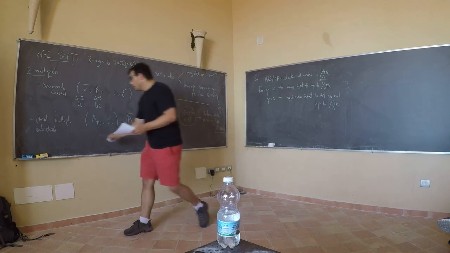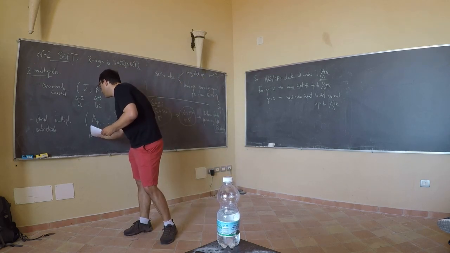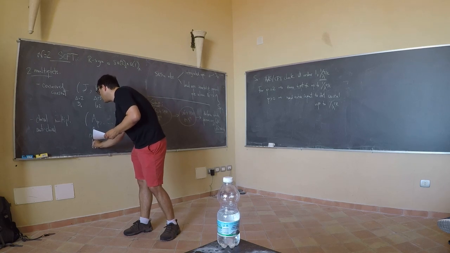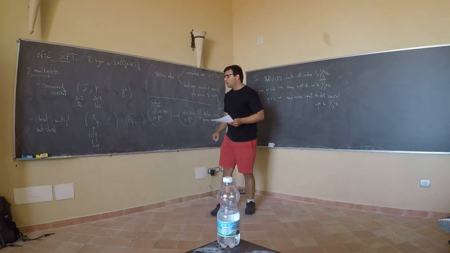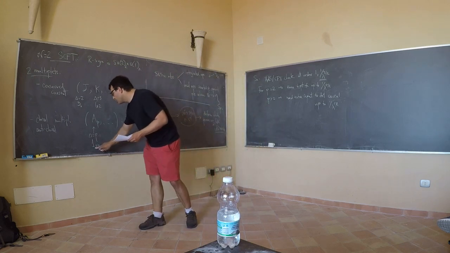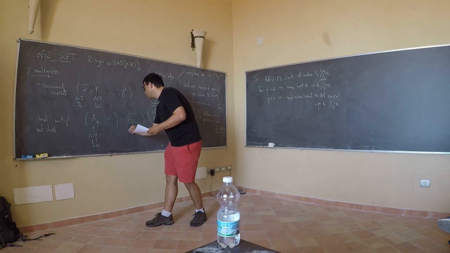The point is that these operators have dimension P, and they're singlets under SU(2) and have charges plus minus P under U(1). This has delta equal P and charge plus P, and this has charge minus P.